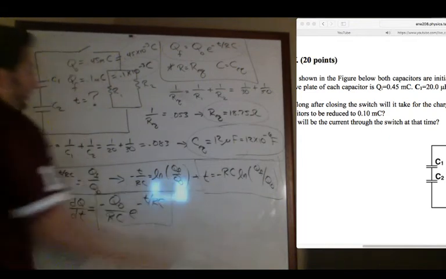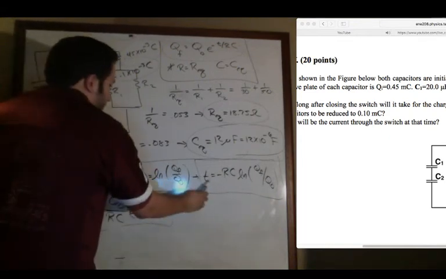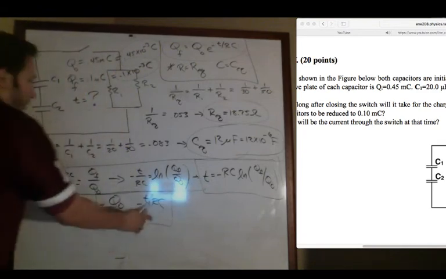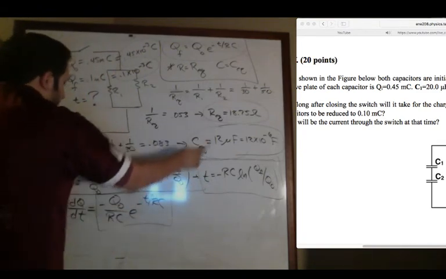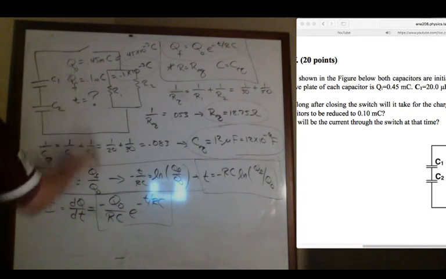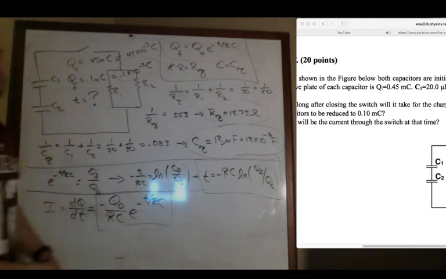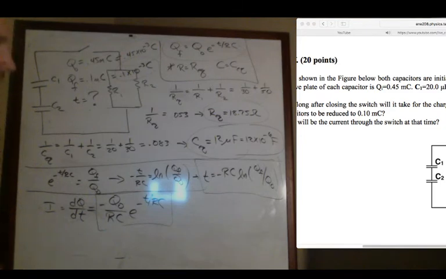You will already have found your t here in part A. The RC, we already have R and C, and we already have Q naught. Now I know this says negative, whether it's a negative current, positive current. Remember what I said, positive and negative tell you nothing more and nothing less than direction. So if it wants the magnitude of the current, just make that number positive.